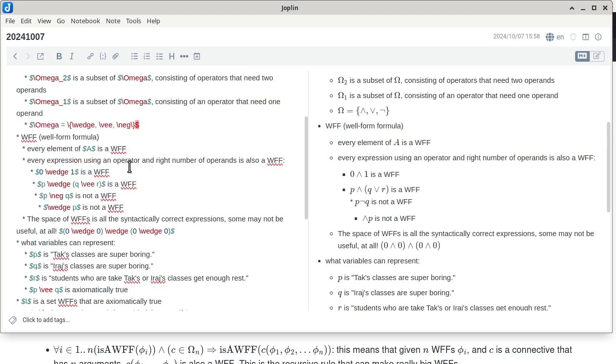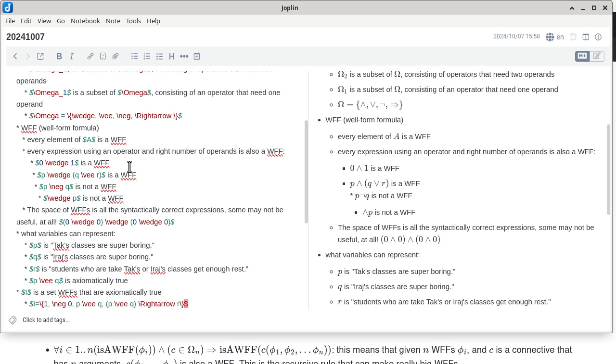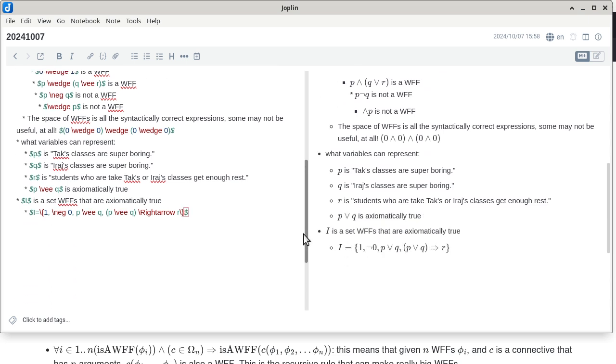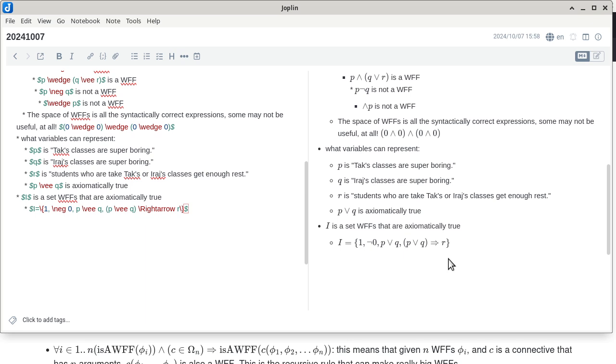So in my omega, I'm going to include implication. There we go. And scroll back up. Is that okay? So these are just truths of this particular universe, okay?